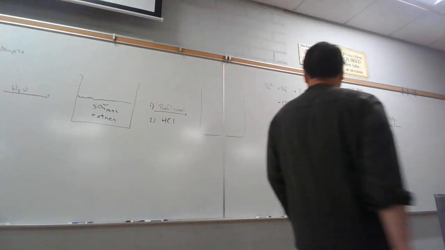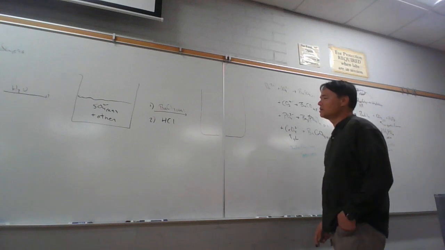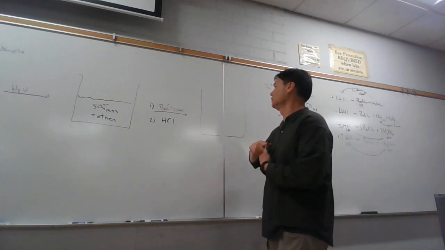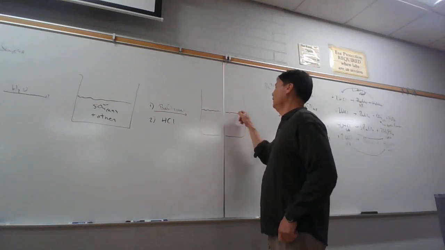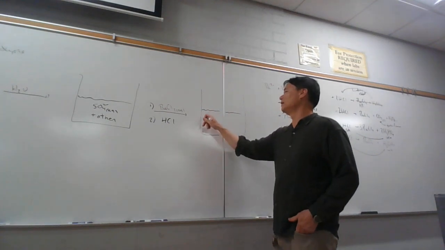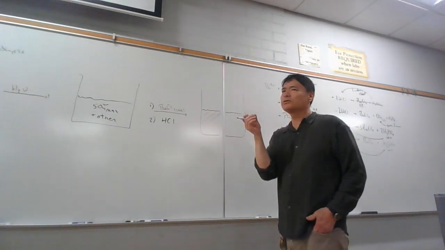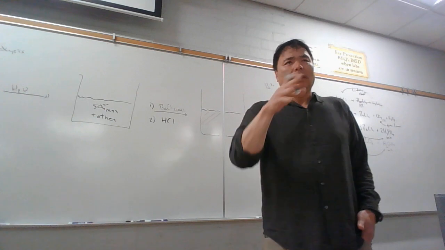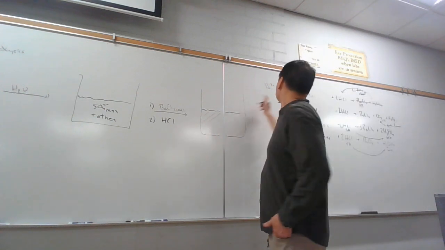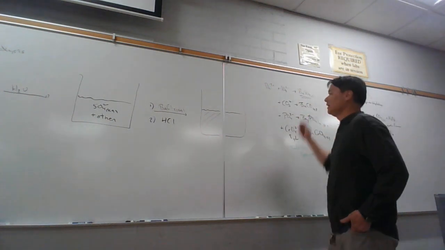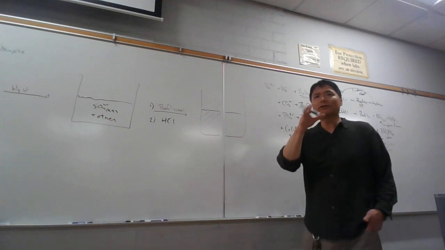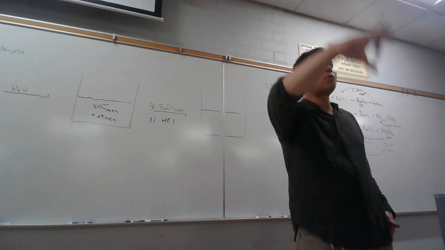All right, and so what you're going to notice here is when we do the precipitation, this is going to get so cloudy. The crystals are tiny. The crystals of barium sulfate are tiny, and these tiny crystals are easily suspended by water.